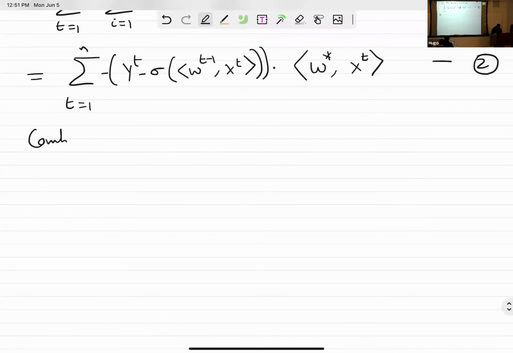So combining 0, 1, and 2, what do you get?